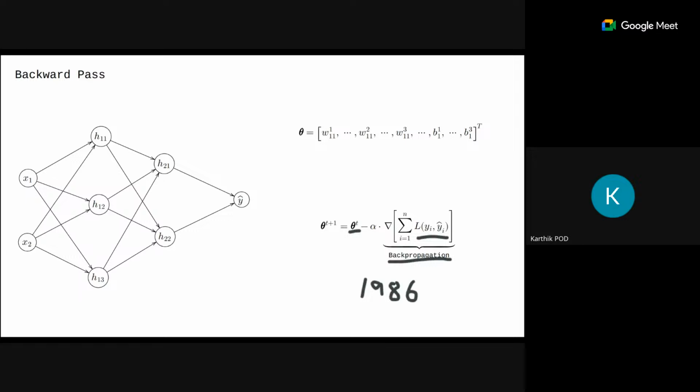I'll give you the name of one of them: Geoffrey Hinton. He's one of the pioneers of this whole neural network revolution, and he popularized this algorithm called backpropagation that is used to find the gradient of the loss with respect to the parameters in the case of neural networks.